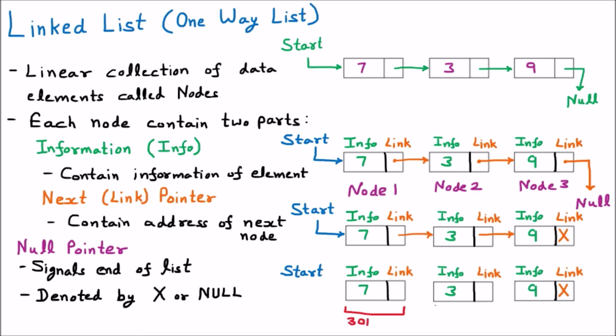Assuming that node 2 is stored, the starting location of the node is, let us suppose, 403. Then again, if I talk about the next node, which is node 3, let us assume that it has some storage like 607. I am not taking continuous memory. The reason is that linked list is dynamic. The nodes can be stored anywhere. That's why the pointers are required.